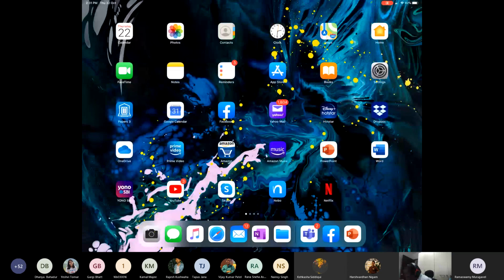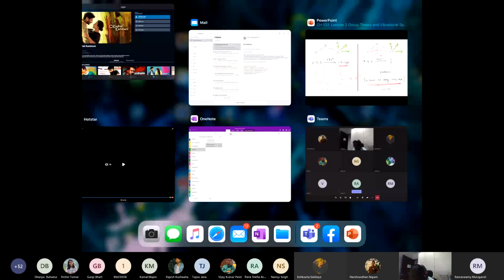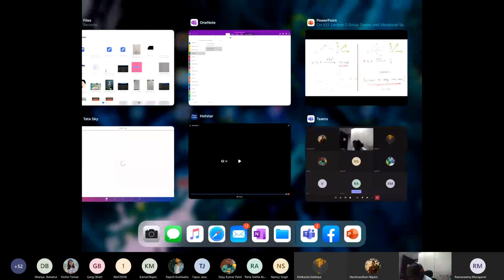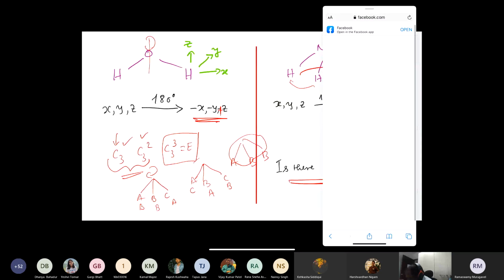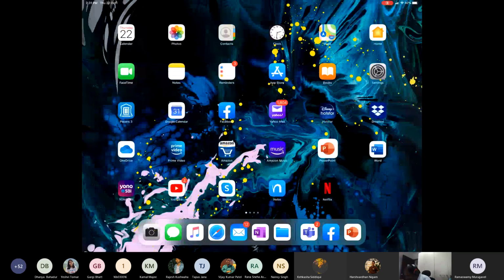I had to close some windows. Okay, now hopefully fine. No, it's again coming back. This is another window.